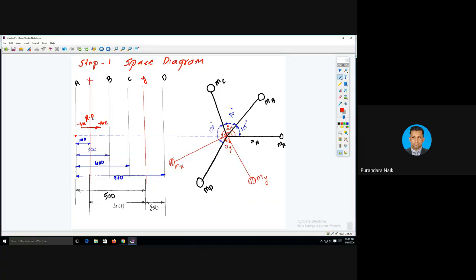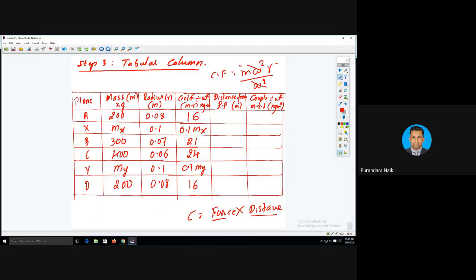See, marking a reference plane in a space diagram is very, very important. Without marking, we'll get zero. So that's why the reference plane is marked and the distance will be measured positive on the right side and negative on the left side. Okay, let us consider the tabular column.